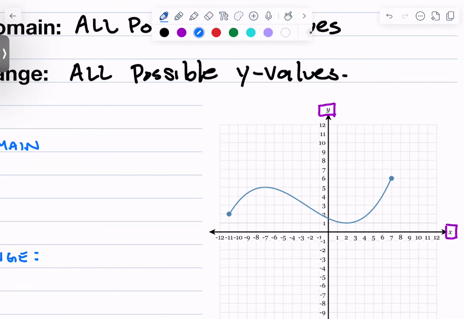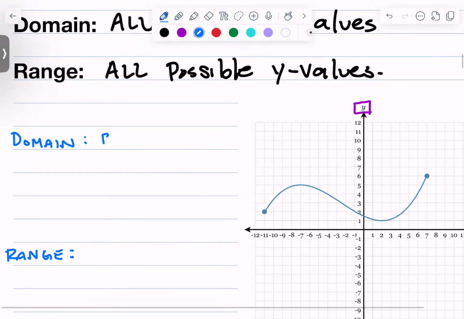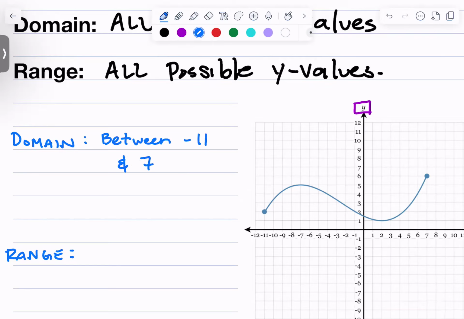So all of my x values will be between negative 11 and 7. Right? Simple, easy. And then we're going to learn how to write that in terms of math notations in a little bit.